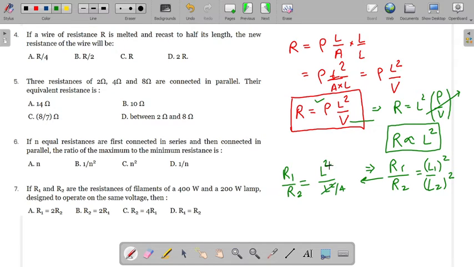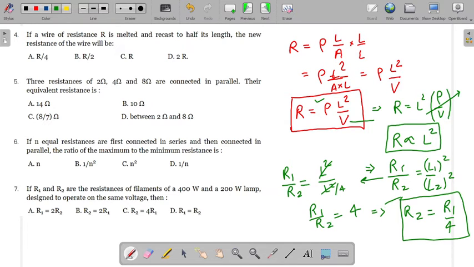As you know, L square cancels, and we get R1 upon R2 equals 4, which means the new resistance is R2 equals R1 upon 4. So this is the final answer, R upon 4.